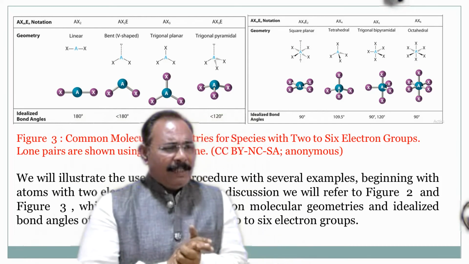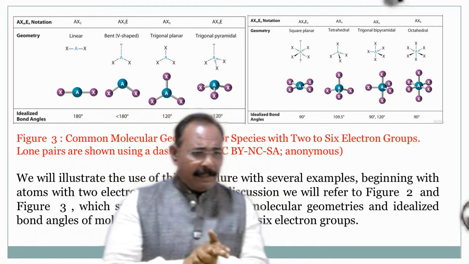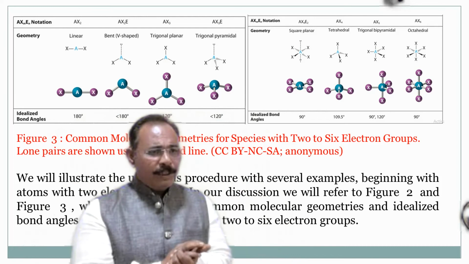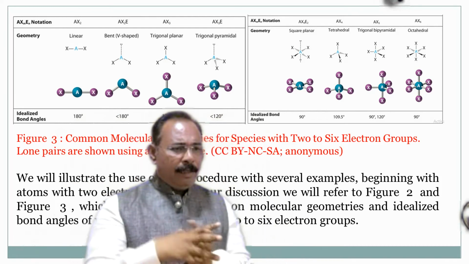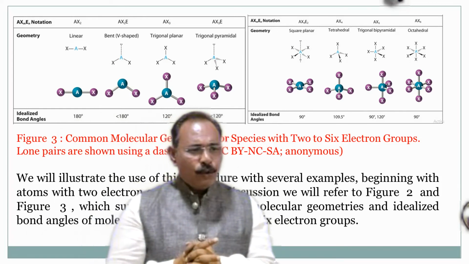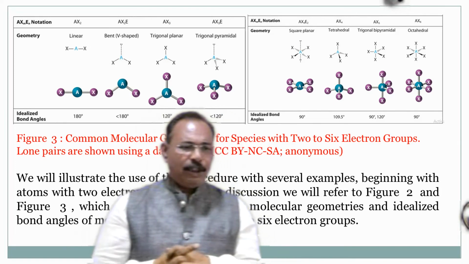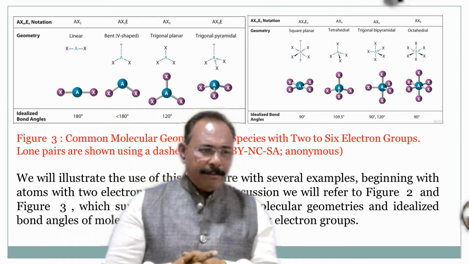Whenever we are predicting all these things, VSEPR has a procedure which is summarized in the following manner. First, draw the Lewis electron structure of the molecule or polyatomic ion.